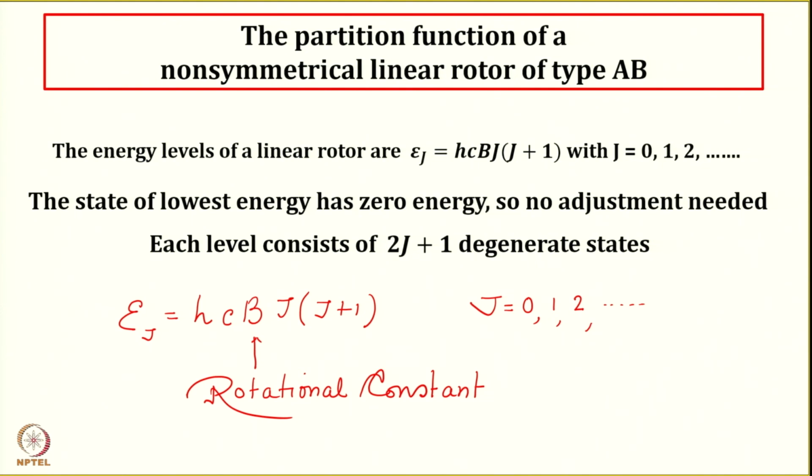Now, the rotational constant B is equal to h cross by 4 pi c I, where I is equal to mu r square.